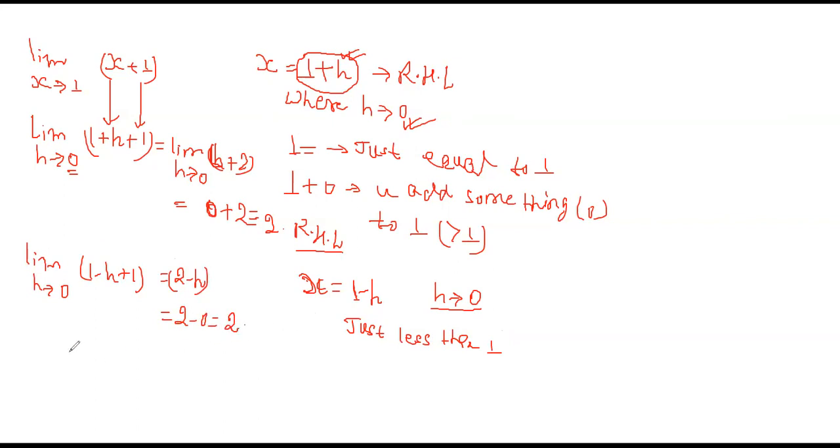Now, LHL is equal to RHL? Yes or no? Yes, sir. So the limit exists and its value is 2. You write down. After that, I will explain this question by graph.